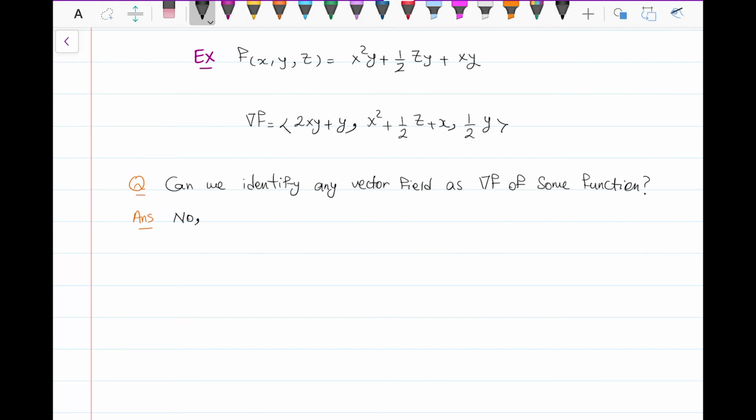If we can find a function whose gradient is the vector field, then we say that the vector field is a conservative vector field.